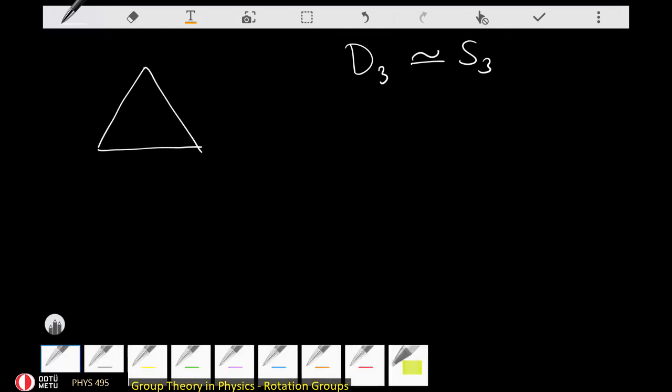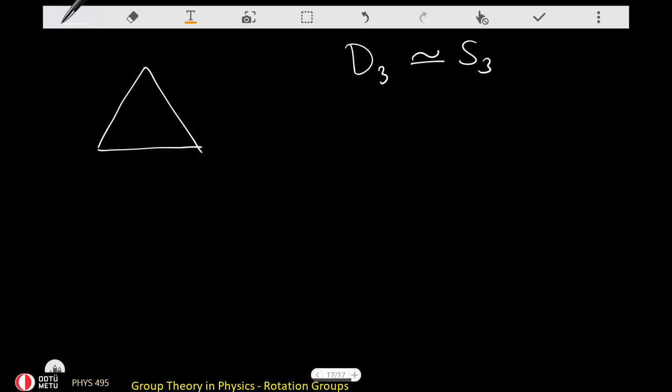Let's go and talk about D3, because this is something that we already know. We know that D3 is isomorphic to S3, and we have talked about the conjugacy classes of permutation groups before. So let me start with the conjugacy classes. There are 3 rotations again.